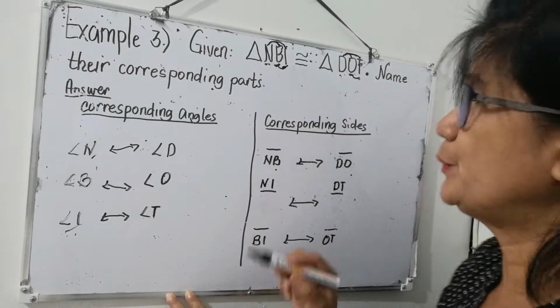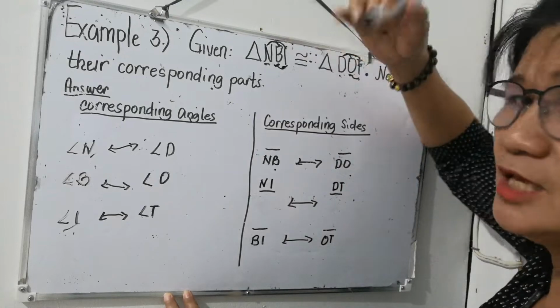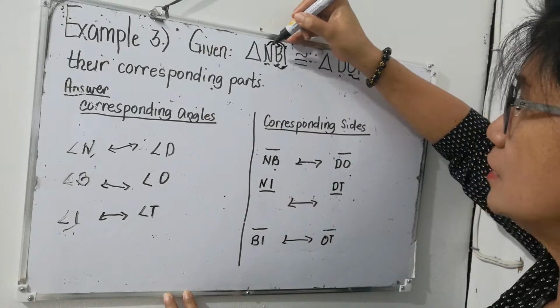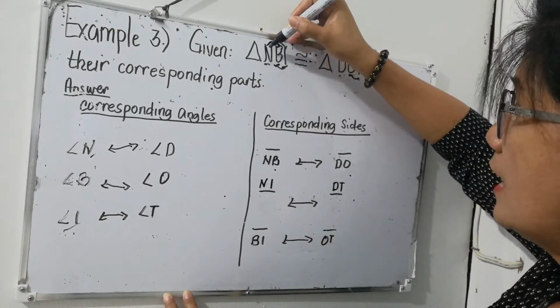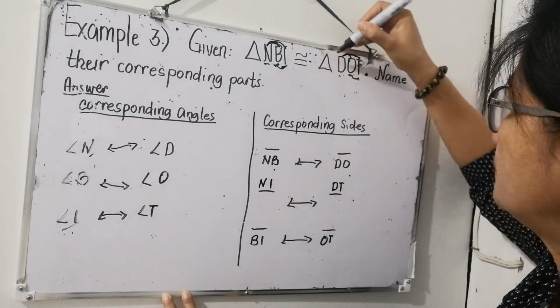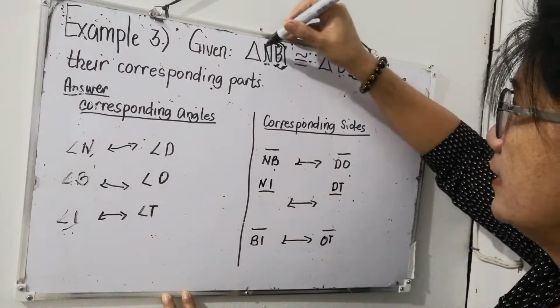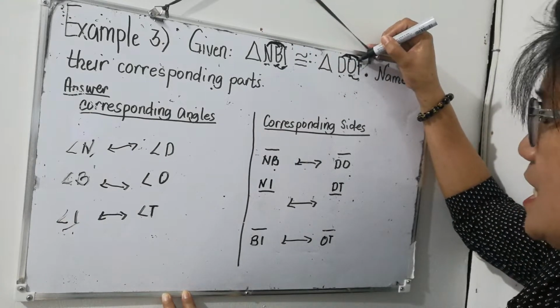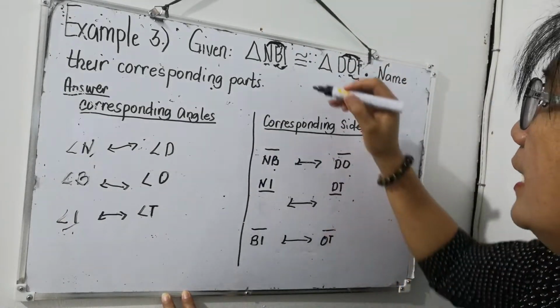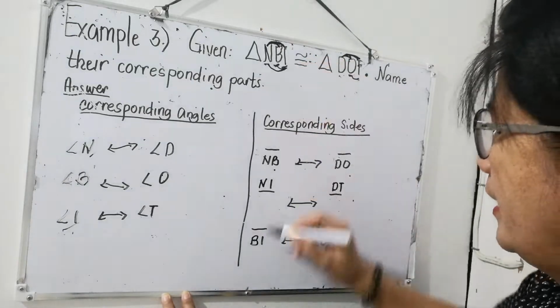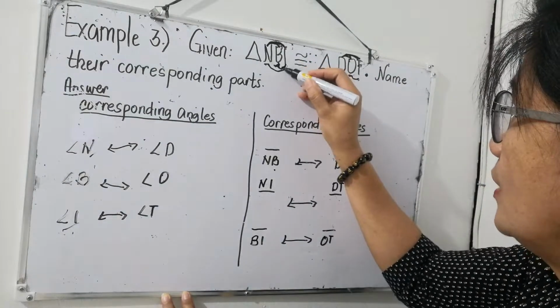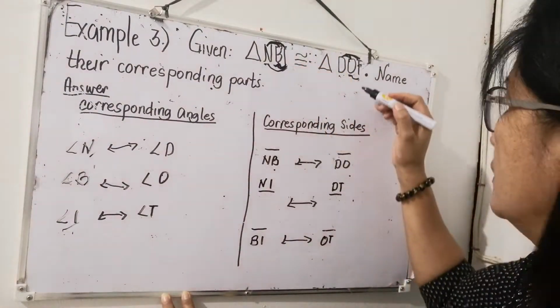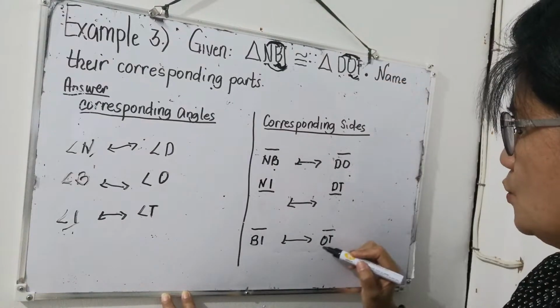Again, let us review. So, kahit na hindi given yung triangles, line segment NB corresponds to DO. Then, line segment NI corresponds to DT. Then, line segment BI corresponds to OT.